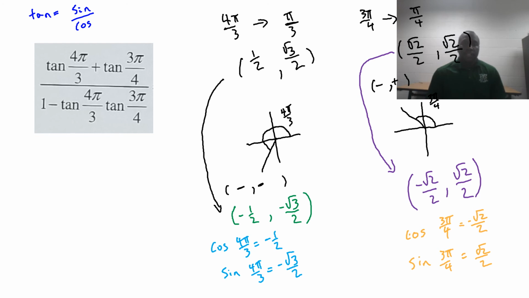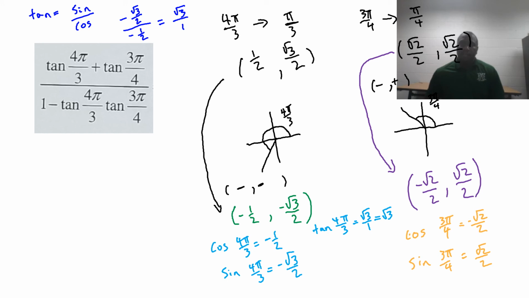So if we took, as an example, a sine value of radical 3 over 2 and divided it by 1/2, you can check it yourself, but the denominators will cancel, and that's just going to leave radical 3 over 1. So in other words, that tells us that the tangent of 4 pi over 3 is just radical 3 over 1, which is just radical 3.